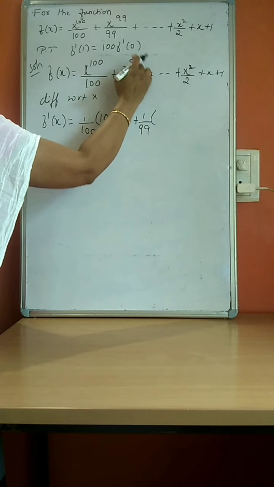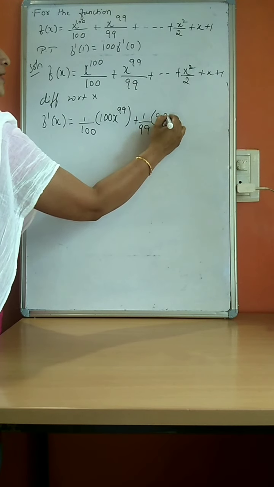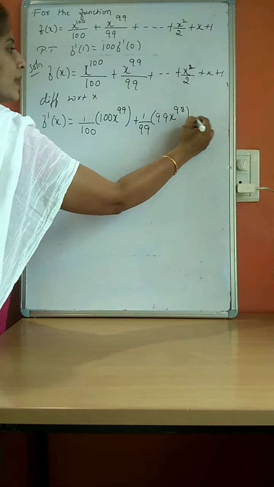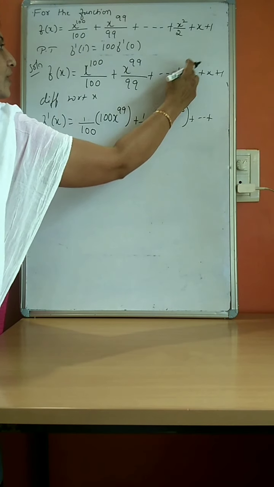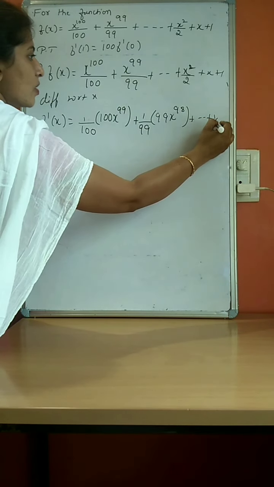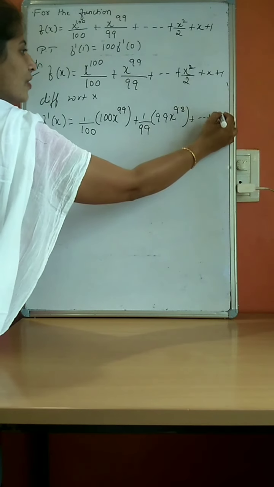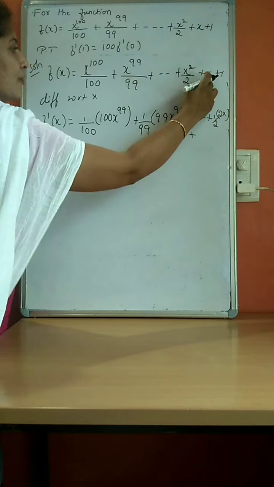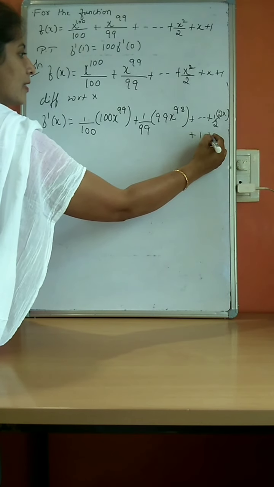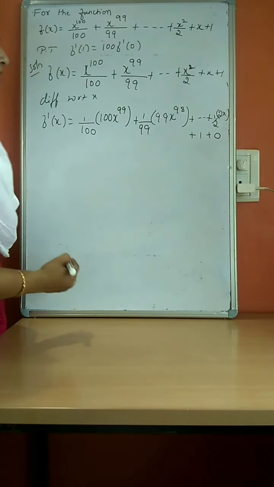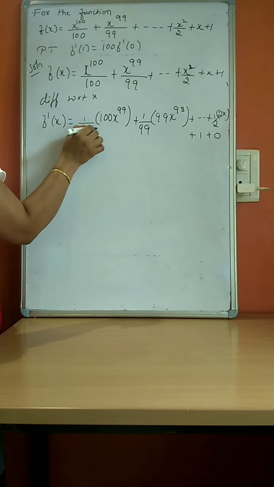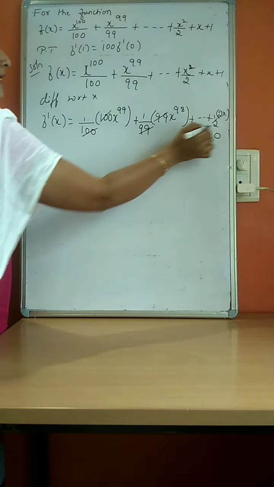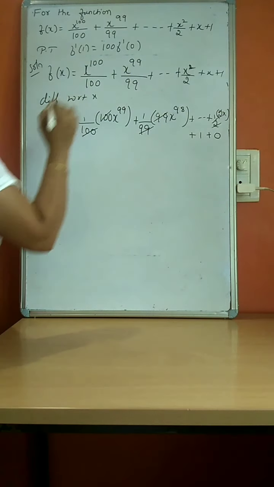Differentiation of x to the power of 99 is 99 into x to the power of 98, plus etc. Differentiation of x square, 1 by 2 is constant. Differentiation of x square is 2x, plus differentiation of x is 1, and differentiation of constant is 0. See here 100 gets cancelled, 99 gets cancelled, 2 gets cancelled.